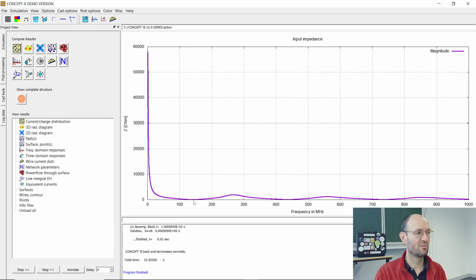So at 150 megahertz, the wavelength is 2 meter, and the dipole length was 1 meter, so we have this half wavelength dipole.